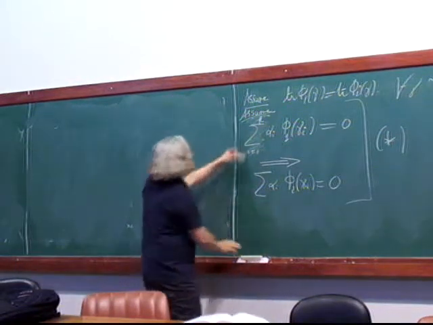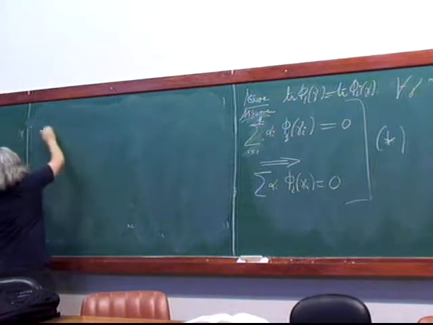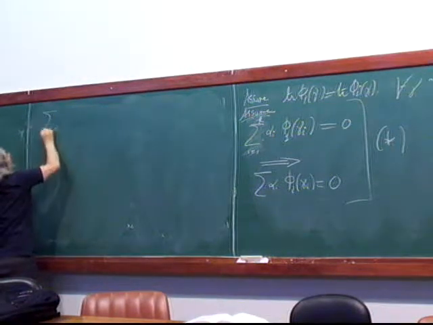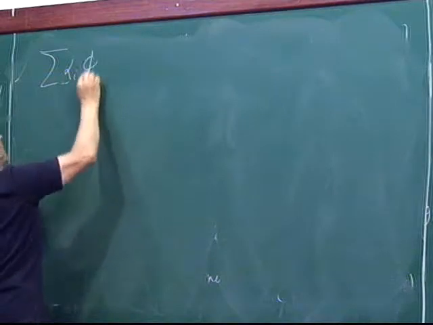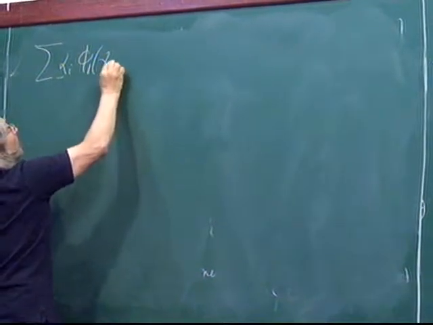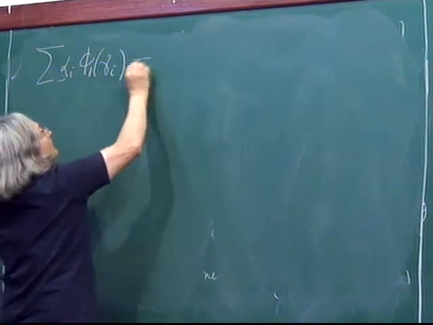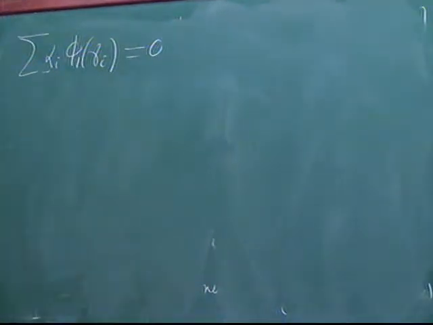Okay, so suppose this sum is 0. So what I can do is multiply this 0 by anything, it's still 0, and take the trace.